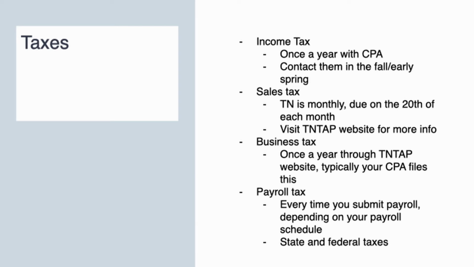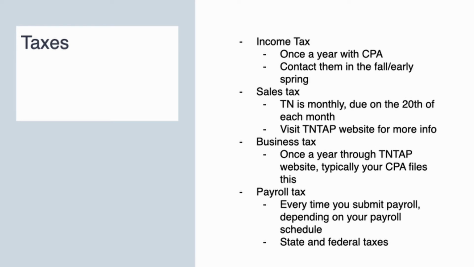Tennessee is due monthly on the 20th of each month. If you need any more information on that, you just go to the TNTAP website. Business tax is also through TNTAP, and this is only filed once a year. Usually your CPA will file this for you, you just have to request it.